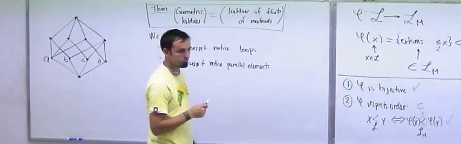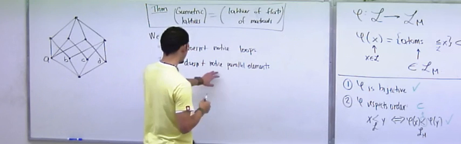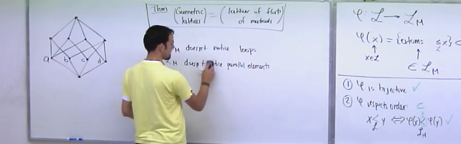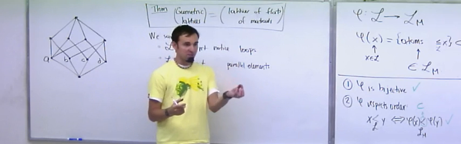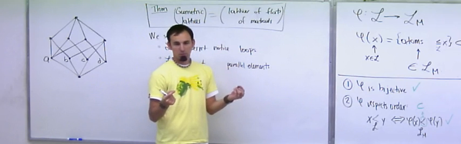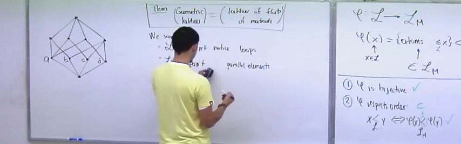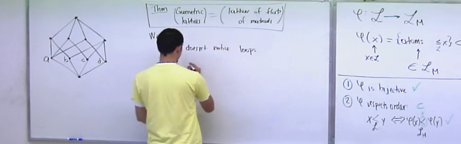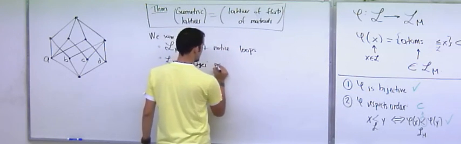It doesn't differentiate between parallels. So if a matroid has a bunch of parallel elements, when you take the lattice of flats, they all get merged into one element. So let's say it merges parallel elements.